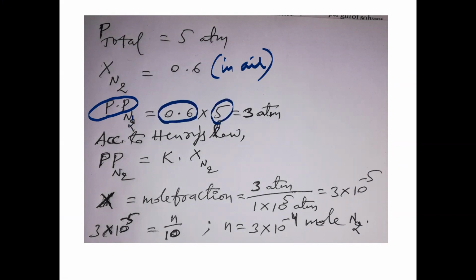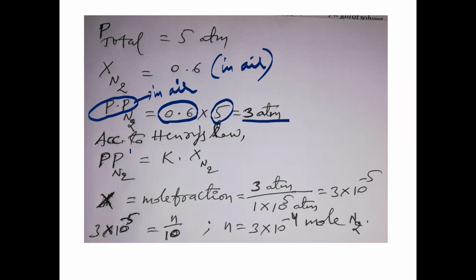Air is a gaseous mixture, and the total pressure is 5 atm. So 5 atm total times the mole fraction of nitrogen is equal to the partial pressure, which is 3 atm. Remember, that is the partial pressure of nitrogen.